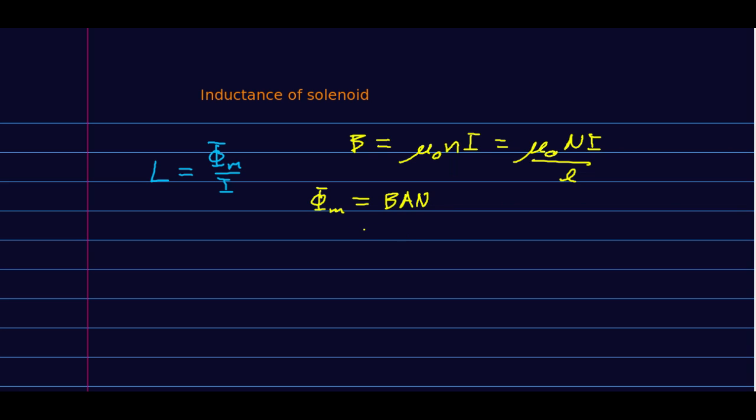And so now we're pretty much done, because we can calculate our L. It's B times the cross-sectional area times N, all divided by I. And so the currents cancel, and we're left with just mu naught, the cross-sectional area, N squared over L.